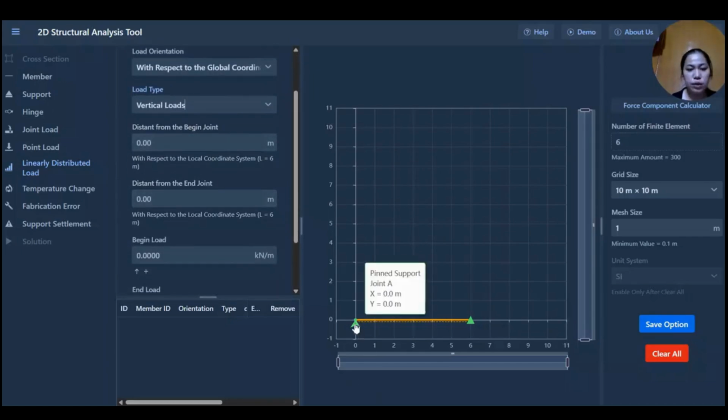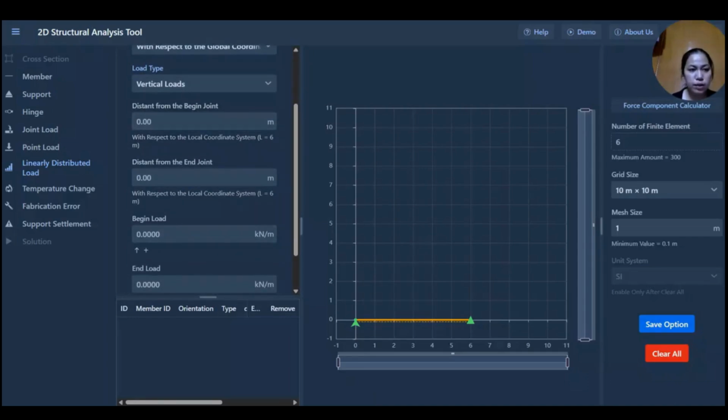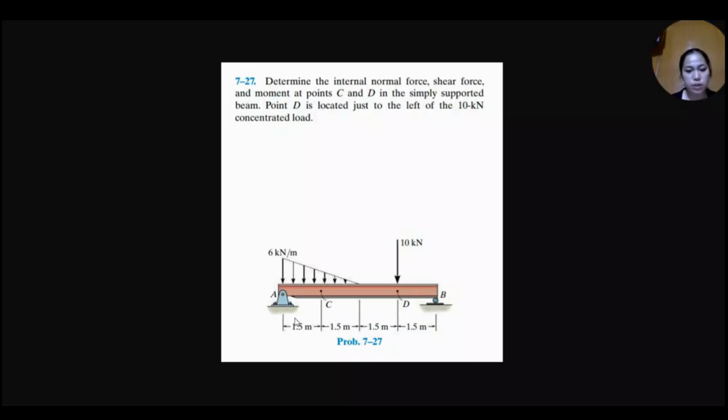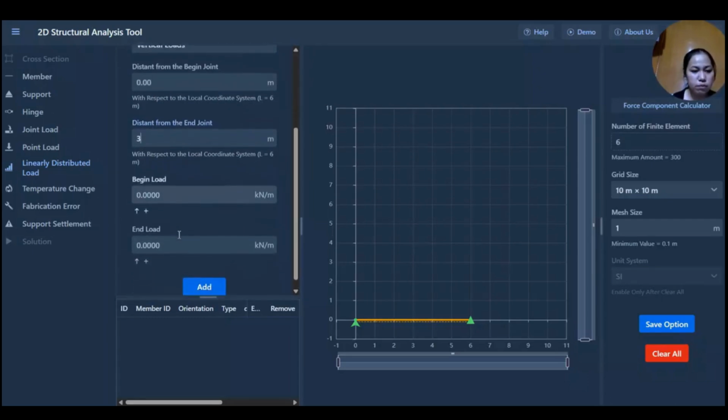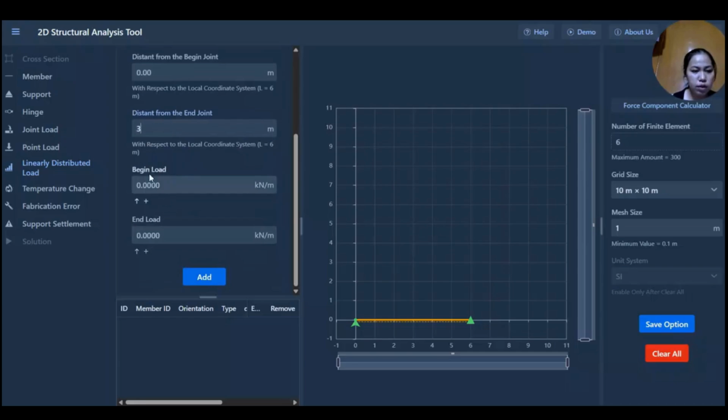From the beginning join is 0, so we keep 0 here, and the end join is 3, so it ends here.